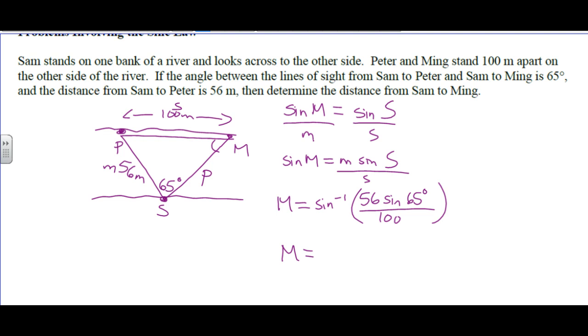So I'm going to get angle M. I can do that on my calculator, not on the board one, because that'll take forever. So second function, sine inverse, 56 sine 65 divided by 100, 30.4996087, so 30.499 dot dot dot.